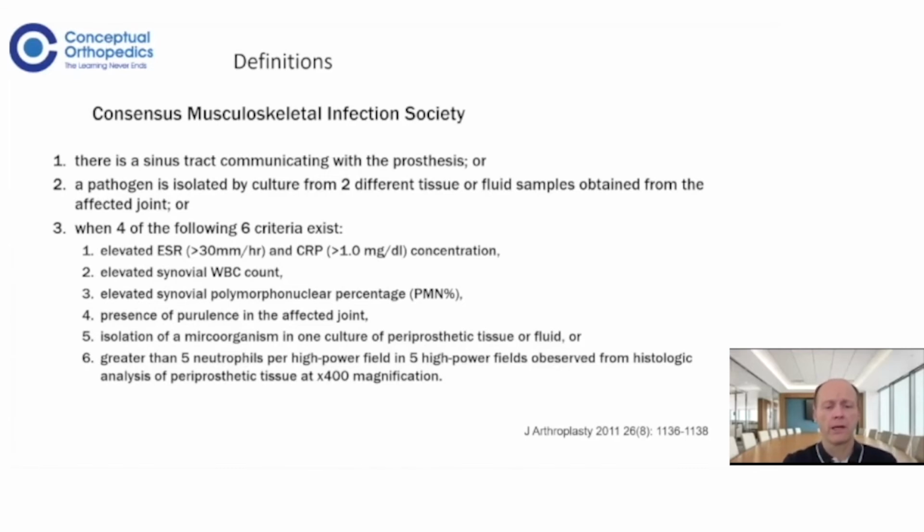Fifth, isolation of a microorganism in one culture of periprosthetic tissue or fluid. Or sixth, greater than 5 neutrophils per high power field in 5 high power fields observed for histologic analysis of periprosthetic tissue at specific magnification. So you have to have 4 out of the 6, and then it's automatically defined as an infection. Also very important to remember: if you see a sinus, it is infection.